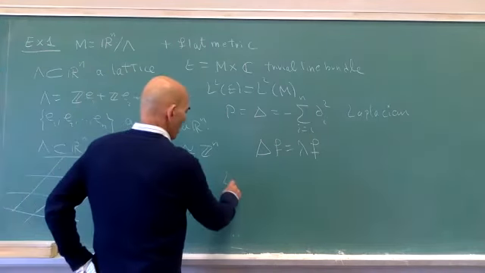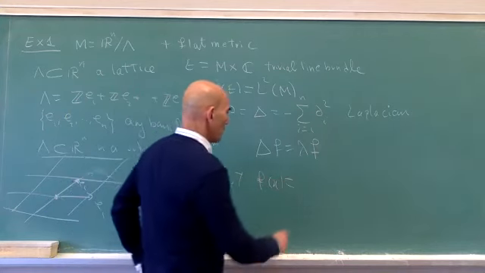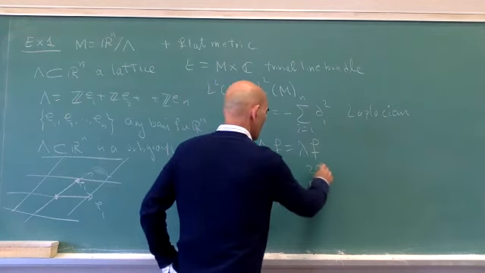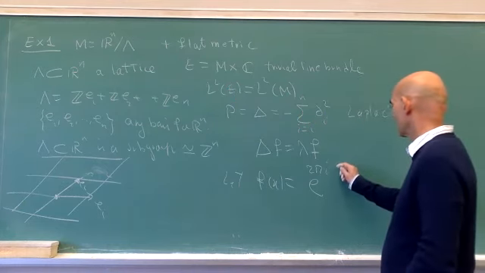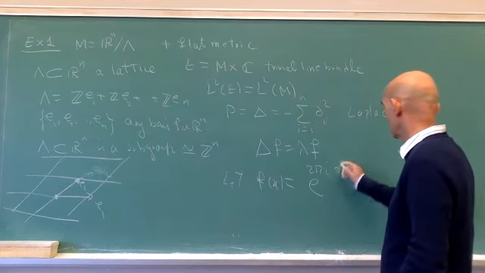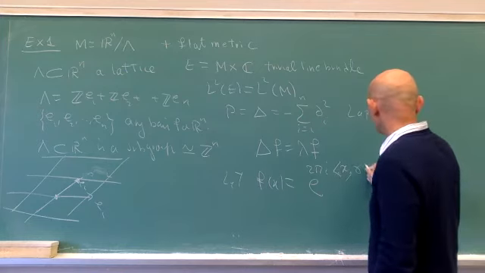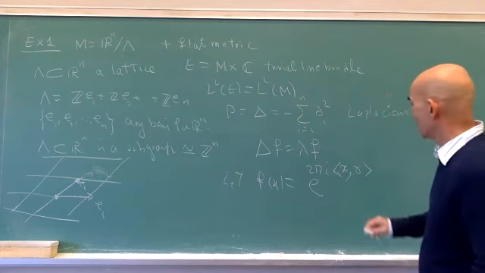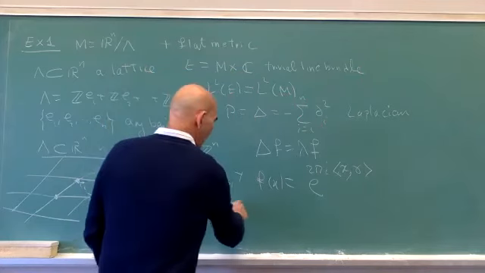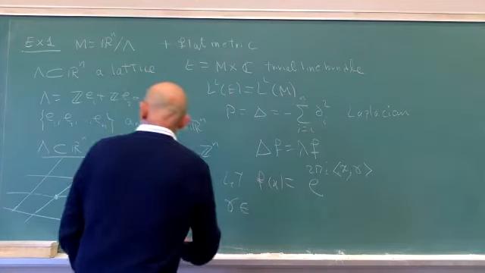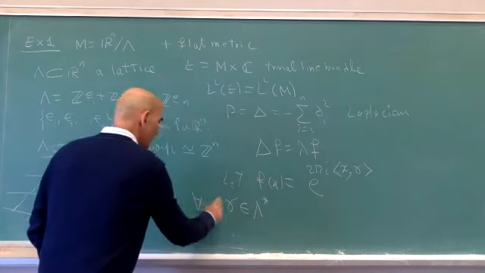So let f of x be equal to the exponential of 2 pi i times the inner product of x and gamma, where gamma belongs to the dual lattice, lambda star.